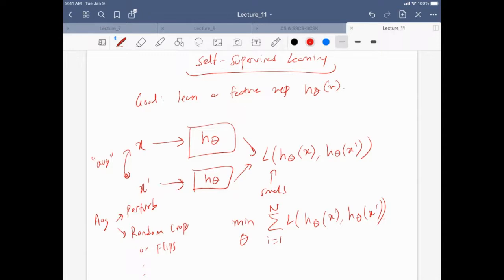Both of these should ideally be very close to each other, and this is what you want to enforce. For example, one way of a loss function is to minimize the Euclidean distance between s theta of x and s theta of x prime. In fact, we'll talk about some of this in semi-supervised learning as well, because similar ideas are used there.